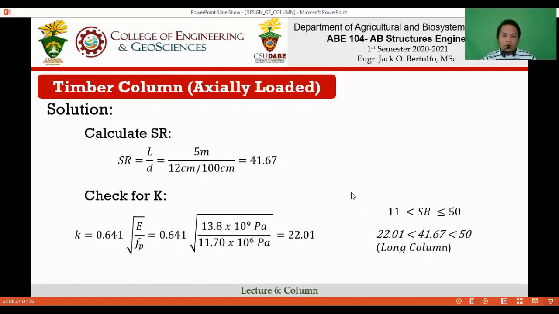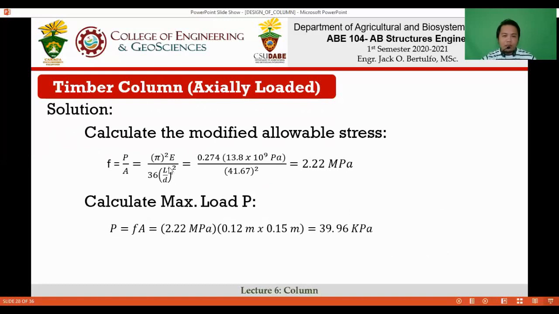So if it is a long column, then we will calculate the modified allowable stress using this formula. F is equal to P over A is equal to pi squared E over 36 multiplied by slenderness ratio squared.